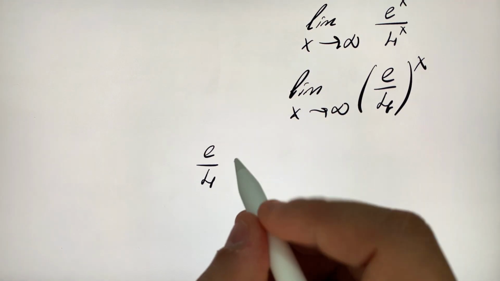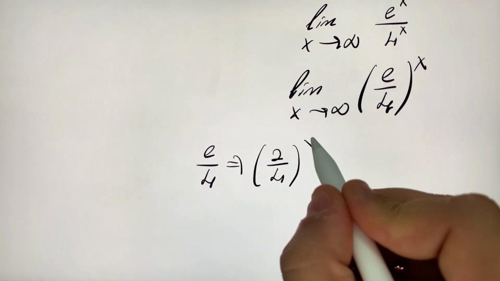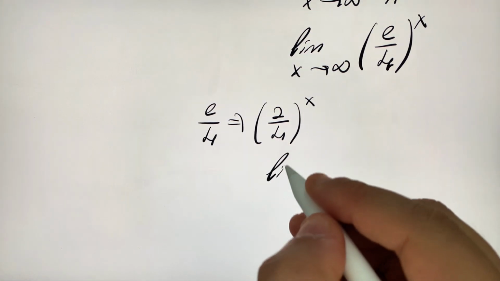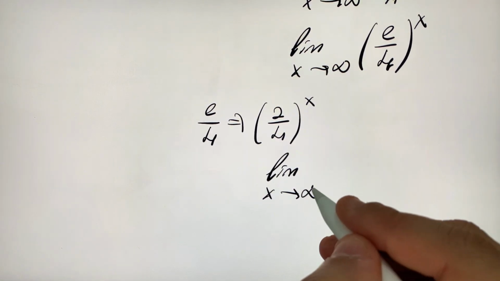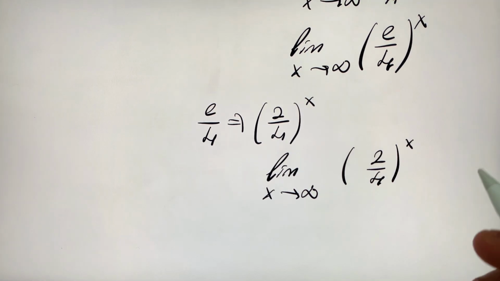Let's take it as 2, so this is like 2 over 4, to the x. The numerator continues as powers of 2, the denominator as powers of 4.